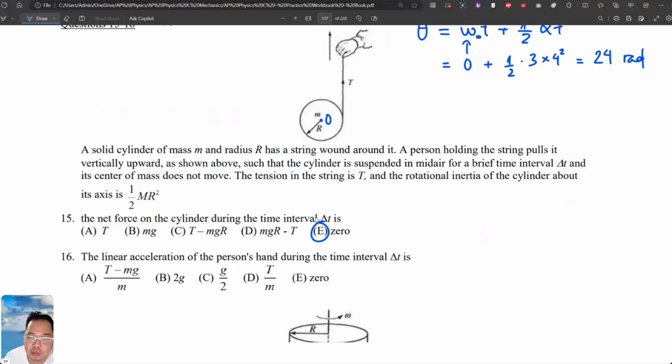Answer is simply that, 0, because it is suspended in midair, meaning that its translational acceleration, which is a, is 0. 0 net force, meaning that the tension upward is equal to the weight downward, equal in opposite direction to the weight. So answer is 0. 15, E, 0.